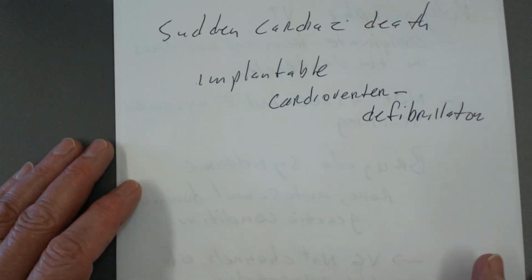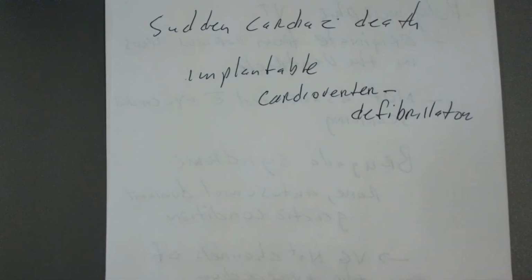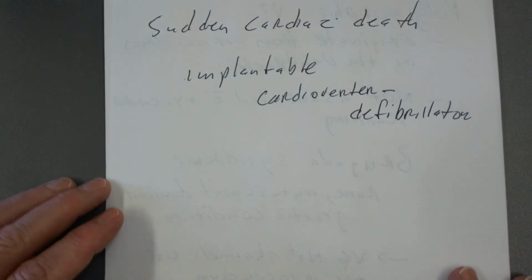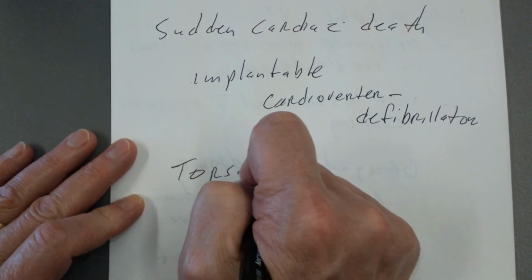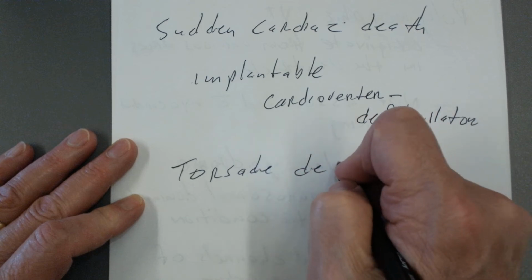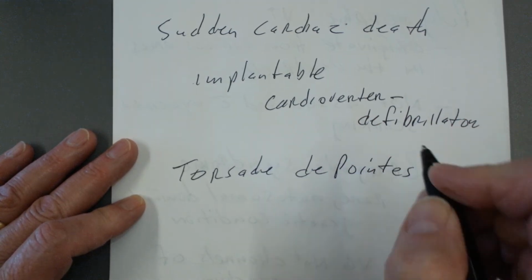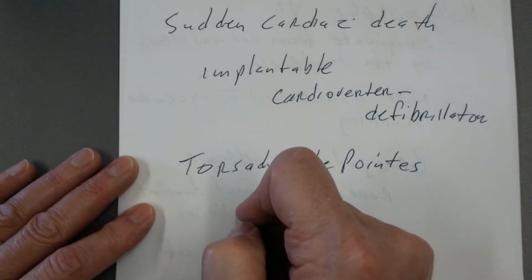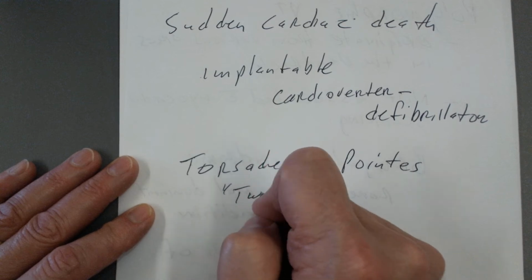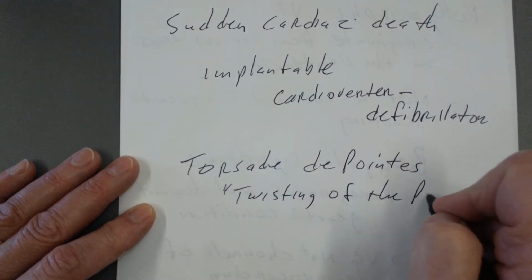Now, there is a very specific and very dangerous type of polymorphic ventricular tachycardia that's called Torsade de Pointes. Torsade de Pointes literally means twisting of the points.